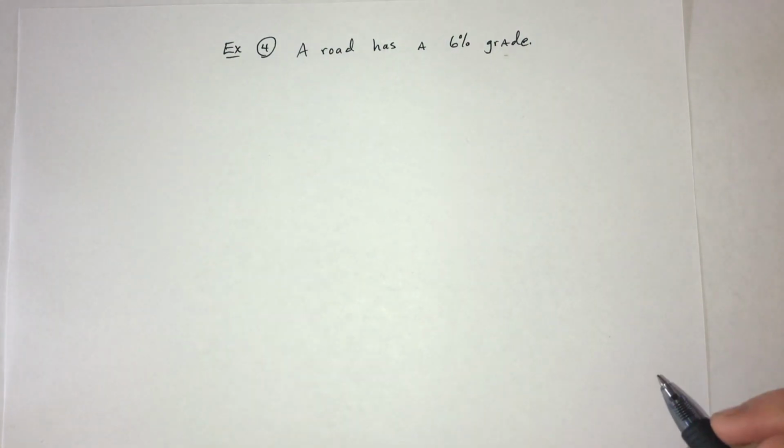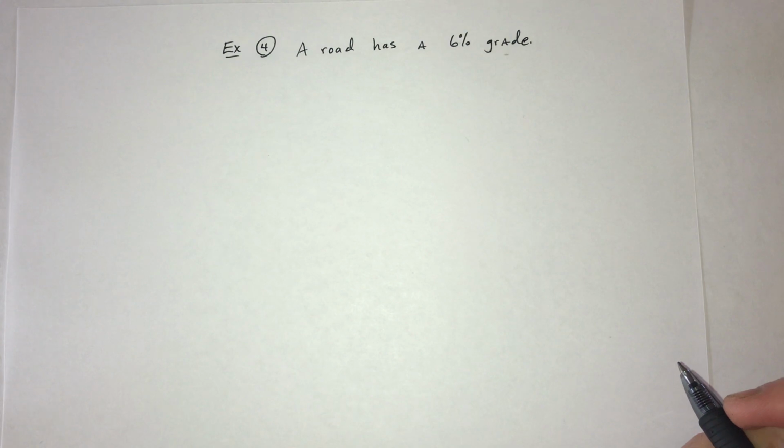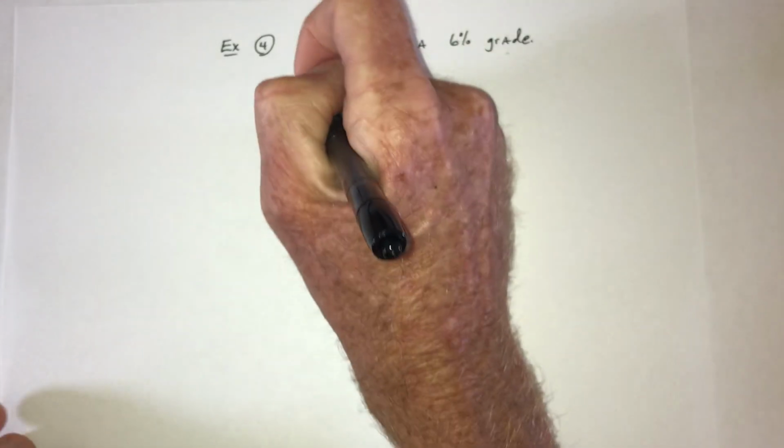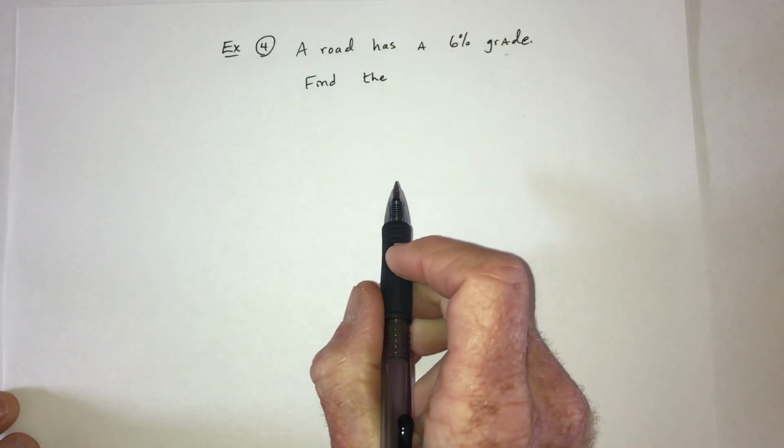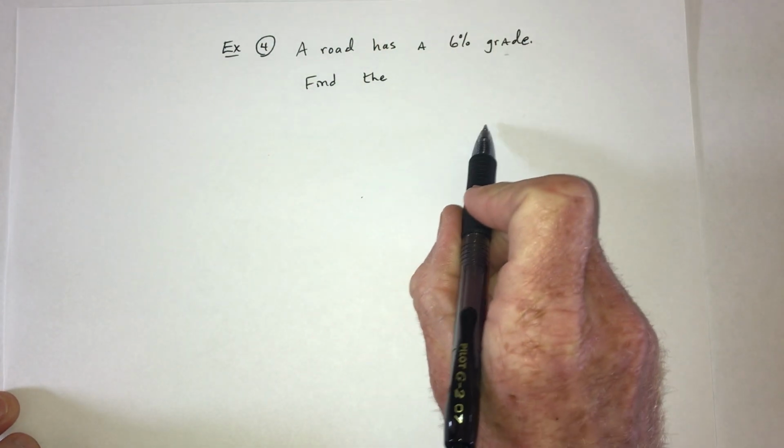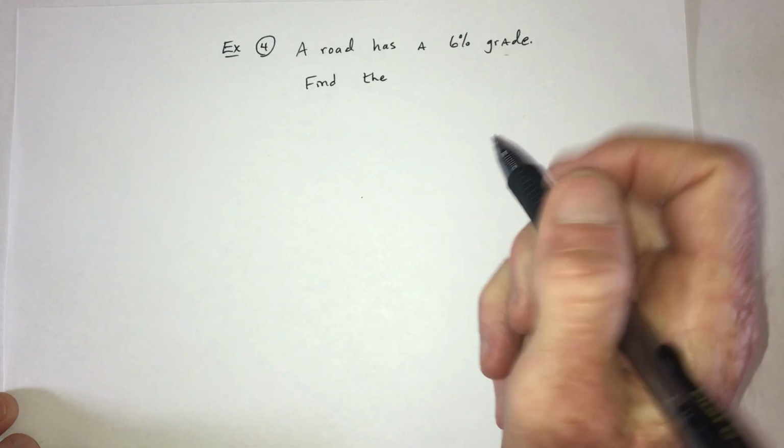Suppose that this road has a 6% grade. And we're going to look at it as if you're going up the road. So it's an angle of elevation since we're going up.